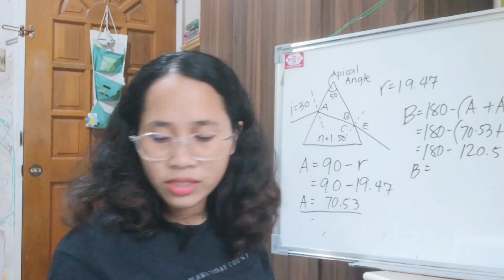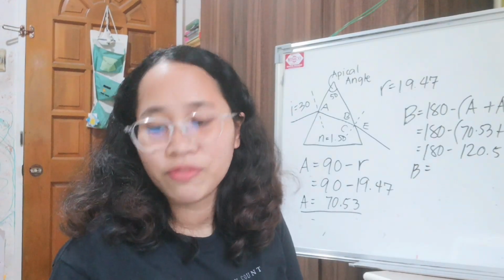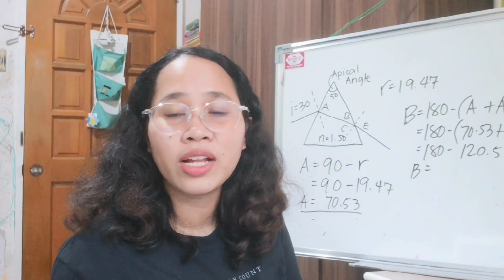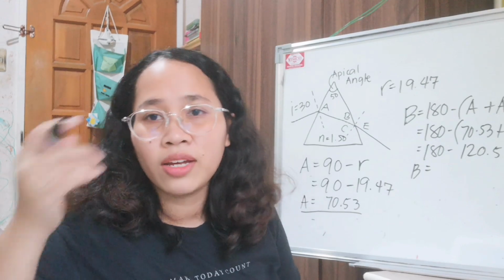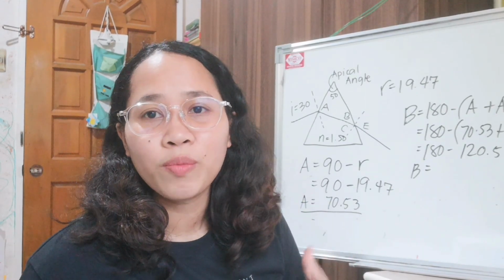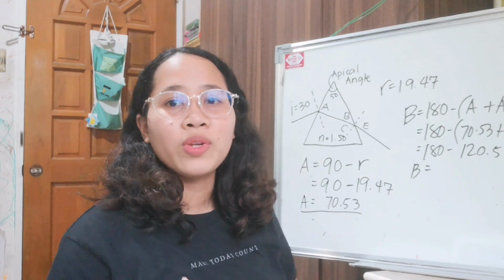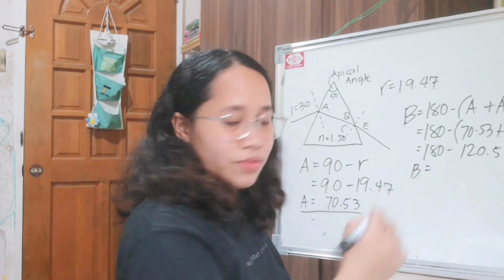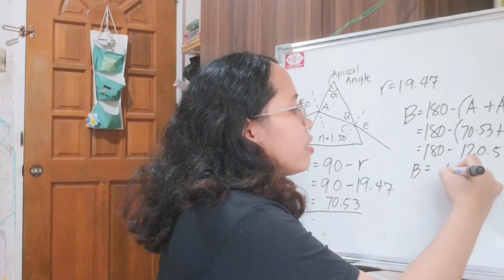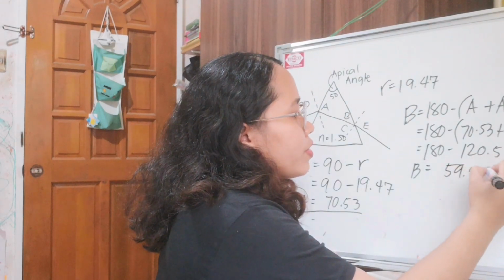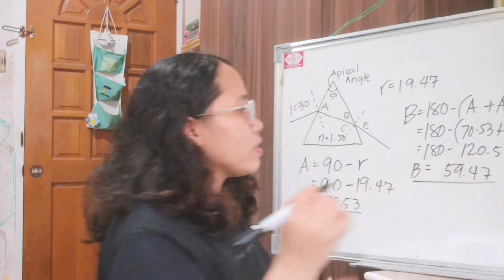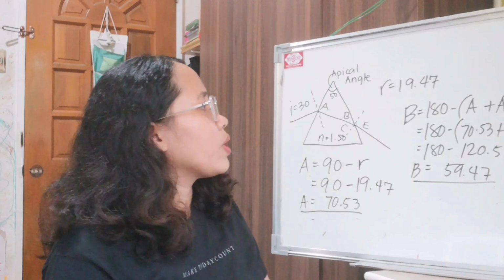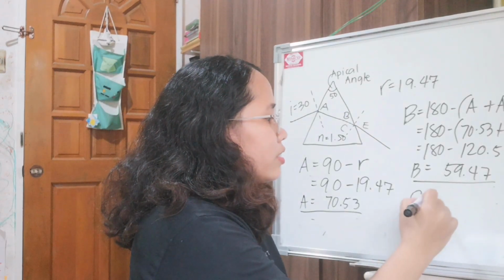So the B is 59.47. Again, I already calculated; I already have my calculations. So please compute with me so that you will know how to use the formulas. Again, it's 59.47.